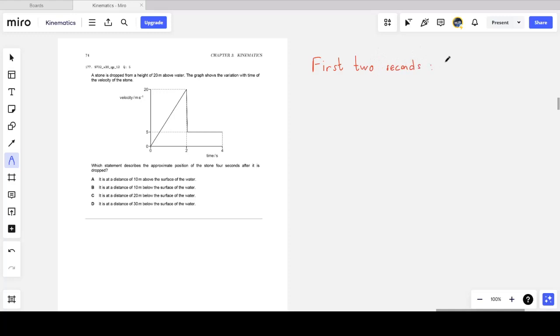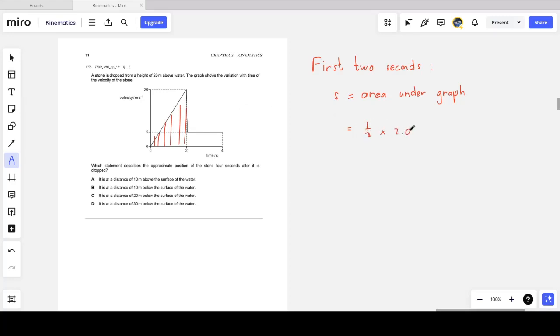So for the first 2 seconds, the displacement covered by the stone is the area under the graph. So if you're thinking calculus, you're thinking the integral. If not, you're simply thinking that on a velocity time graph, the area underneath that graph tells me the displacement of the stone. So if I only think of the first 2 seconds, I have a triangle. So I'm going to shade that triangle. And so that's a half base times height for the area.